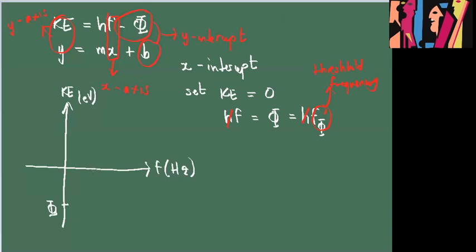Okay, so let's go ahead and do that. Maybe let's do it here. So this is my threshold frequency. Let's do a graph now. For values of energy that are greater than my work function, I am able to liberate electrons.